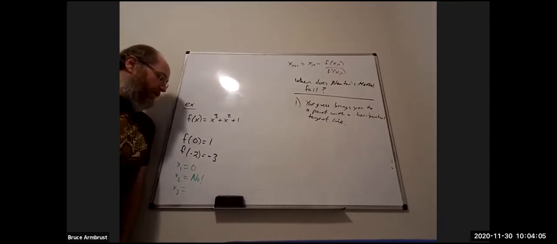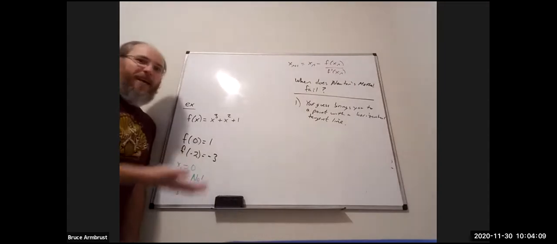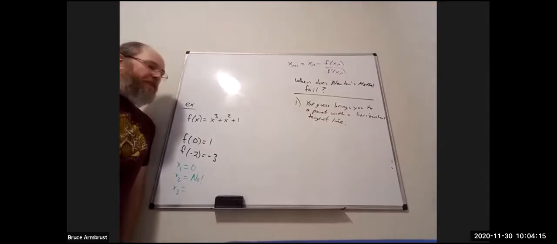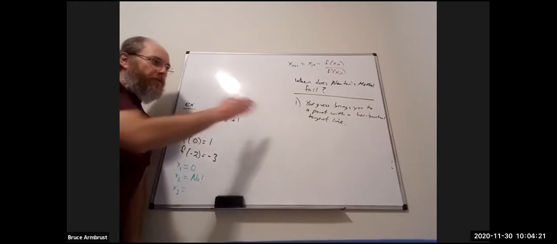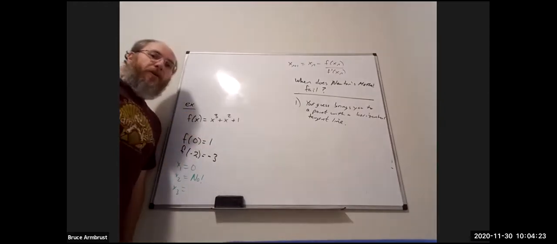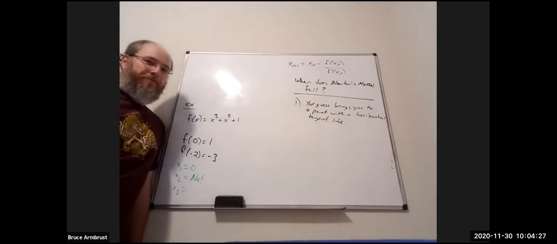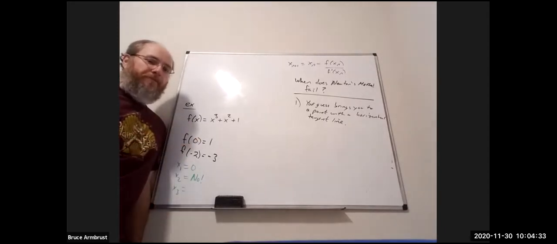Right? -1 is somewhere in there. We should expect that the 0 is going to be kind of close to -1. If we started with an initial guess of -1, this is going to work out. It'll bring you into the 0. So if you ever run into this, where you get a horizontal tangent line, pick a different starting point. Change your initial guess. That solves it almost every time.